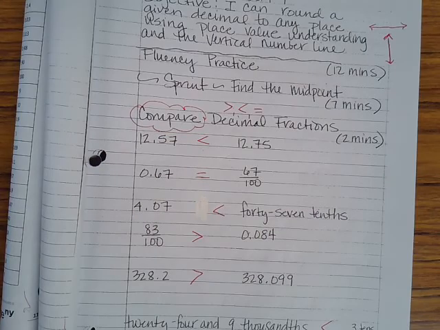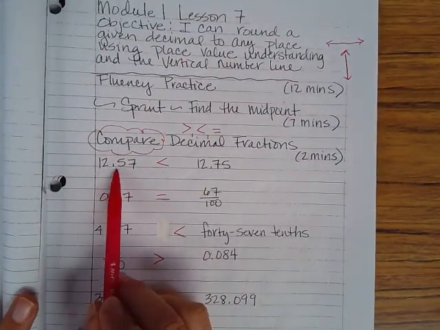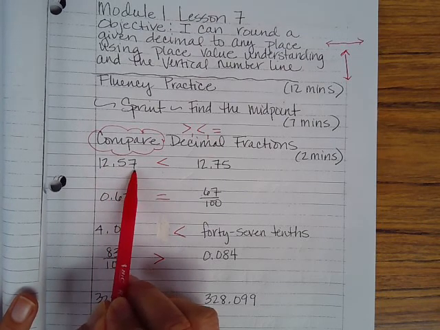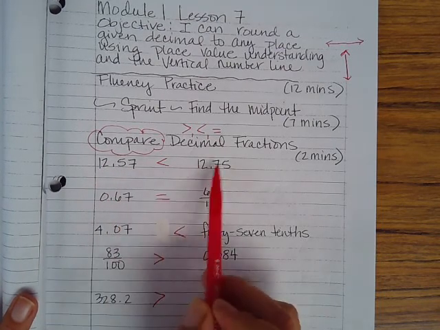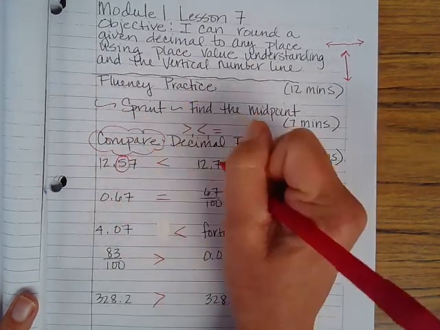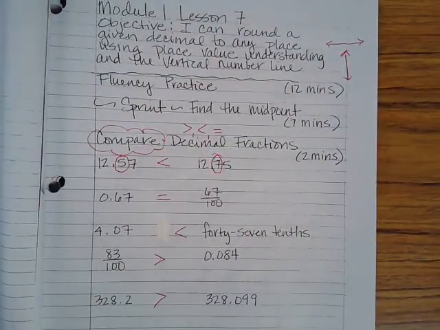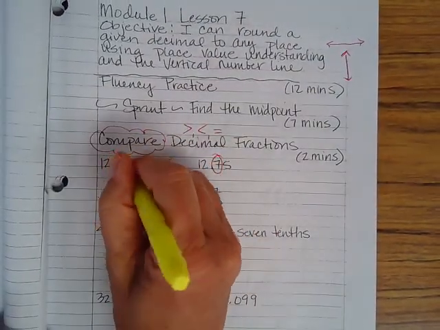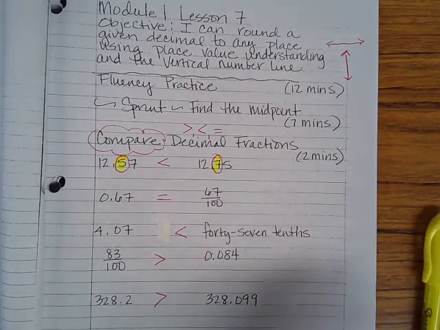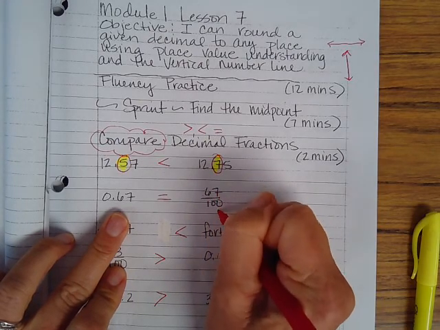Here we go. Let's go ahead and check our work. All right, so 12.57, 12 and 57 hundredths, is less than 12 and 75 hundredths, for obvious reasons. The 5 and the 7 is going to be your marker here, right? Then 0.67 is the same as 67 hundredths.